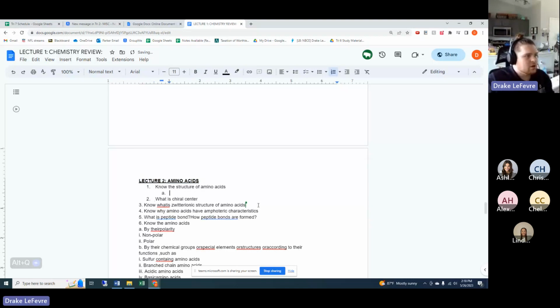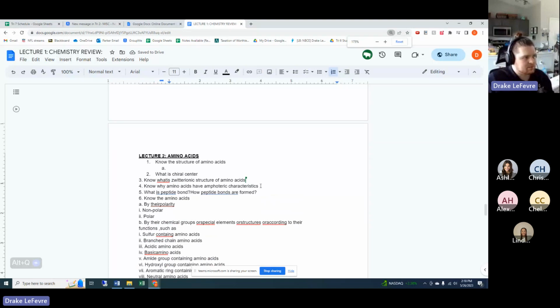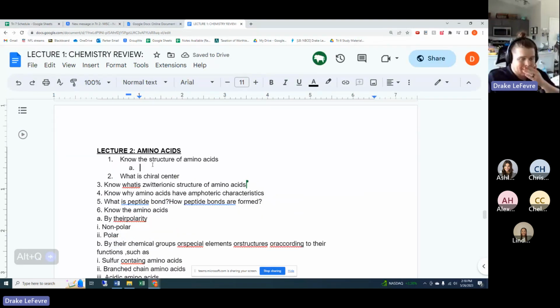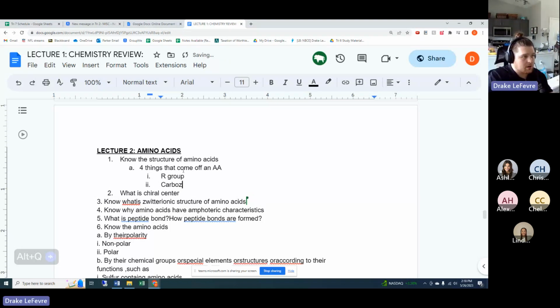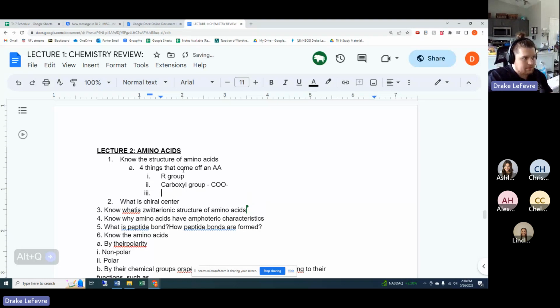Okay. Know the structure of amino acids, which we literally just talked about. There should be 4 things that come off of an amino acid. What are those 4 things? Is it the carbon backbone and the R groups? We have an R group. Then we're also going to have a carboxyl group, which is that COO minus.